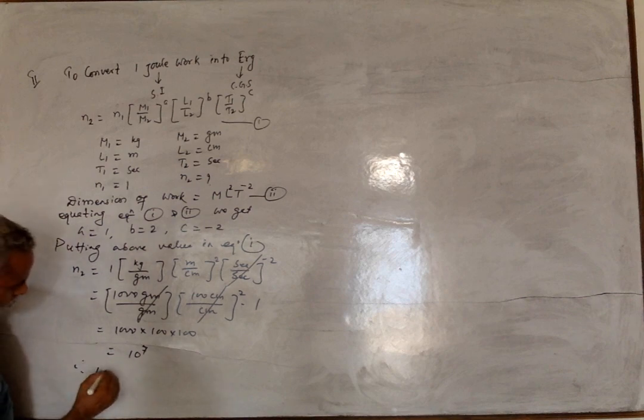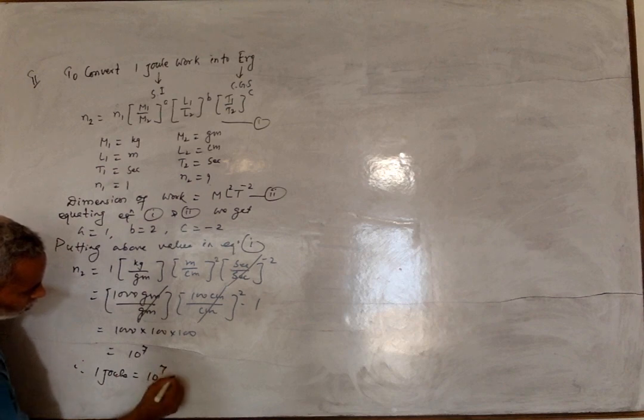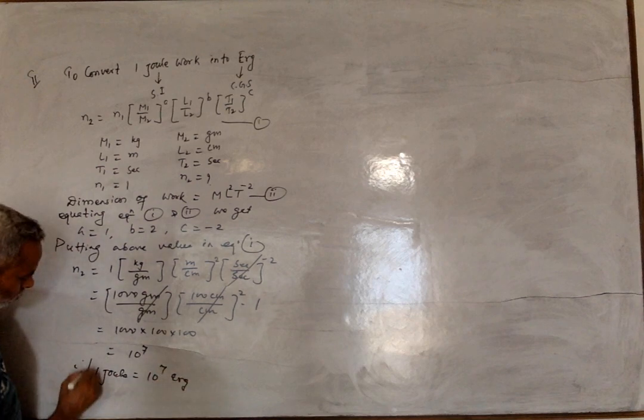That is, 1 joule equal to 10 to the power 7 erg.